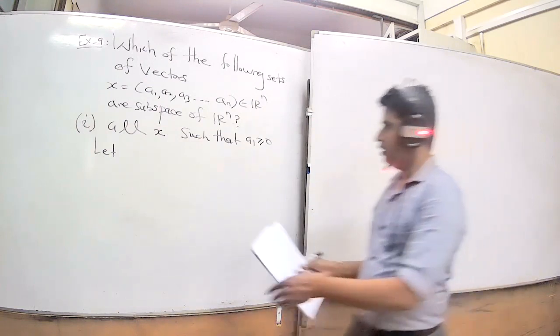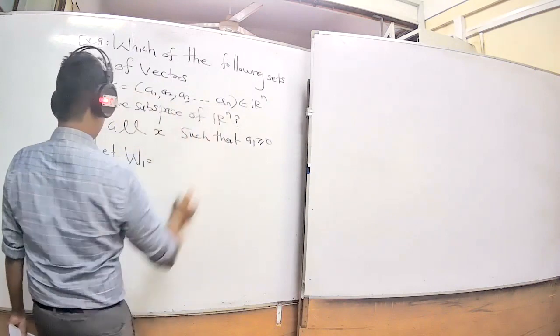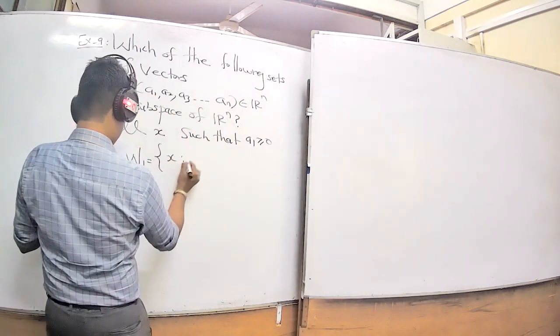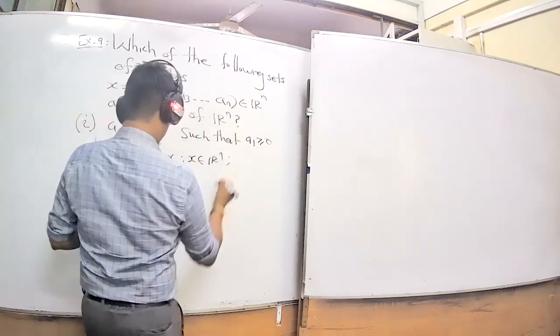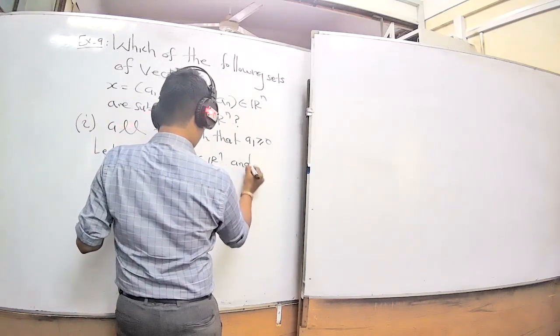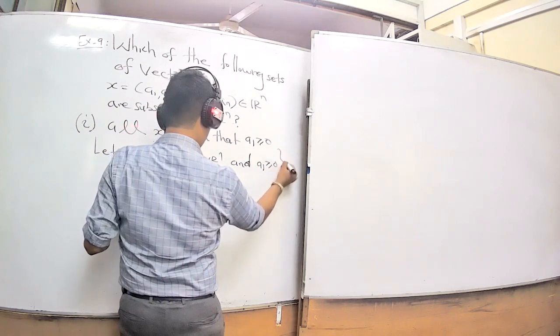So take W1 as the subset of Rn with the condition a1 is greater than or equal to 0.